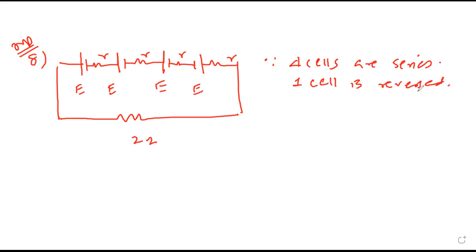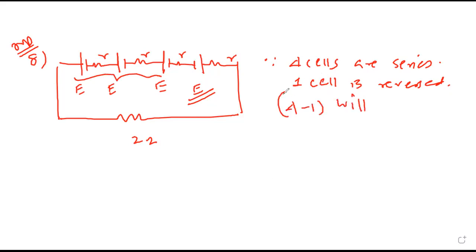Only one. So out of 4, 3 will assist and 1 will oppose. Now these 3 are assisting and 1 is opposing. So I can say out of 4, 1 is gone, so 4 minus 1 will assist.